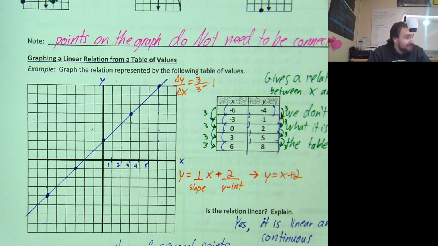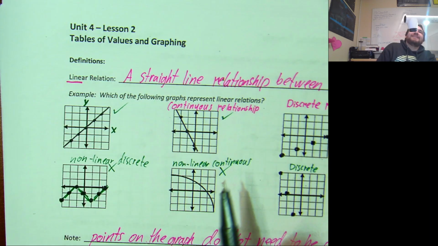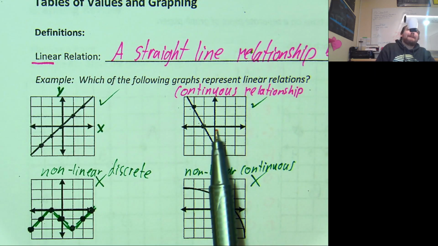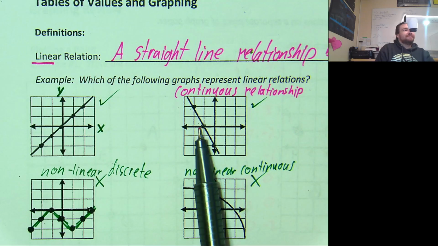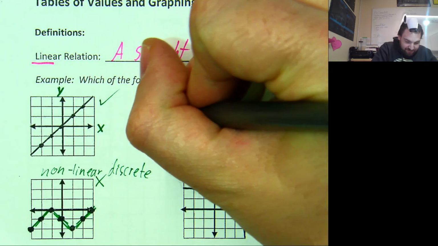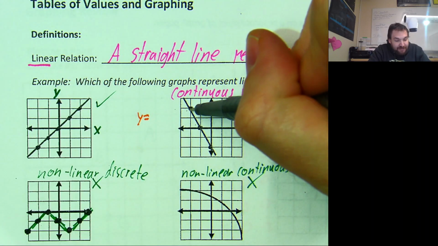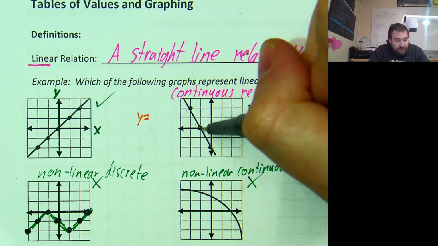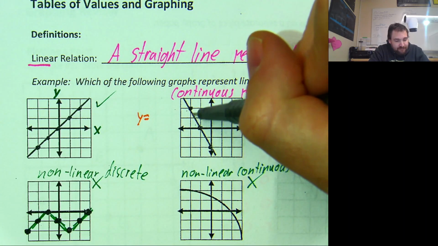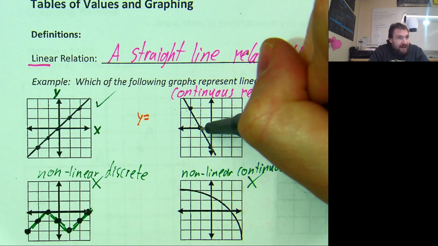Let's do some more. What's the equation for this one? y equals... To go from this point to this point, I go down 2 in y and over 1 in x.